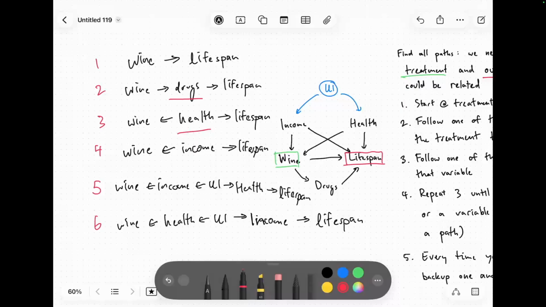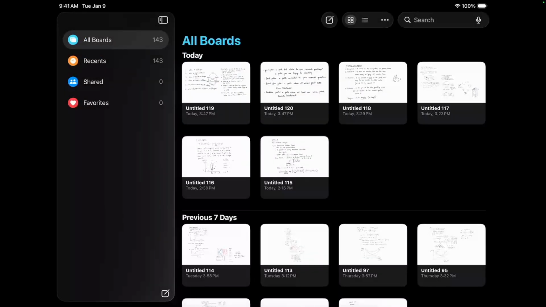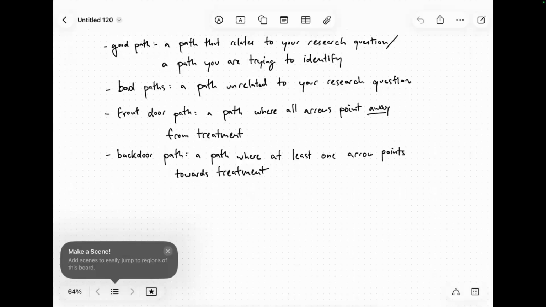Everything points out of the treatment towards outcome. 2, front door. 3, back door, right, because something goes into the treatment. 4, back door. 5, back door. 6. Right, so we have 4 backdoor paths and 2 front door paths.